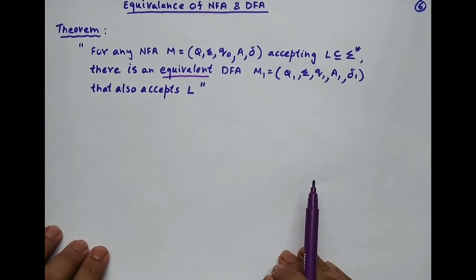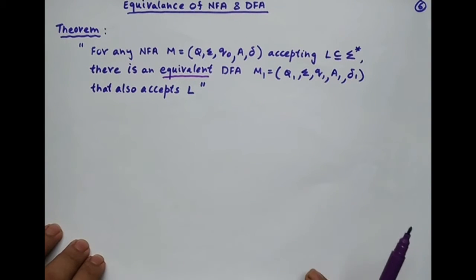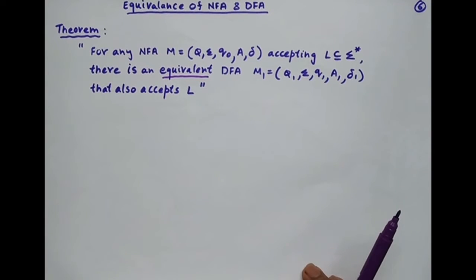In plain simple words, this means we are trying to prove that if there is an NFA that accepts a particular language, then there exists an equivalent DFA that also accepts that same language.